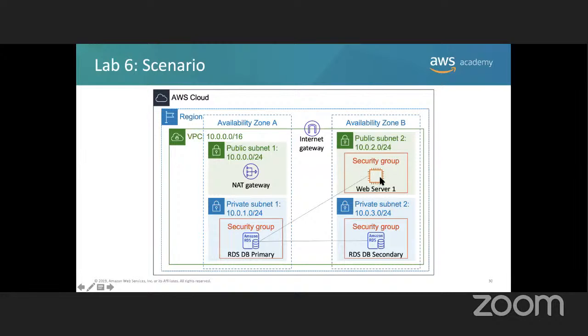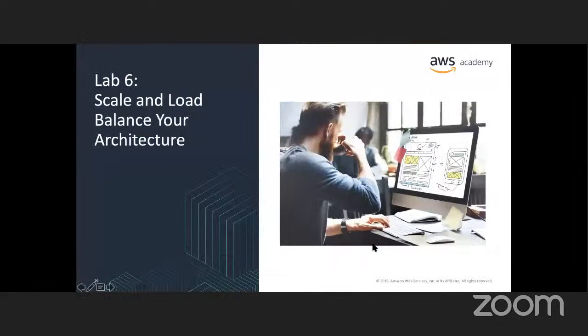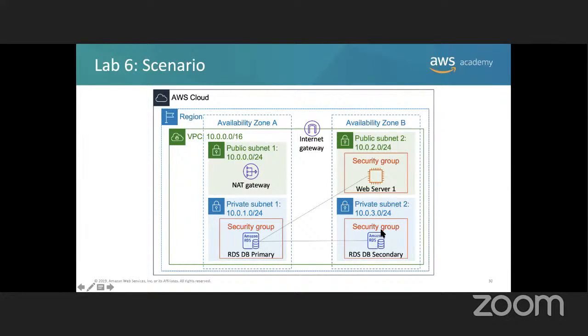That web server is accessing this RDS, which is the primary database. Then we have a secondary RDS that is being replicated synchronously. These 2 RDSs are in private subnet 1 and 2. They have CIDRs of 10.0.1.0/24 and 10.0.3.0/24.